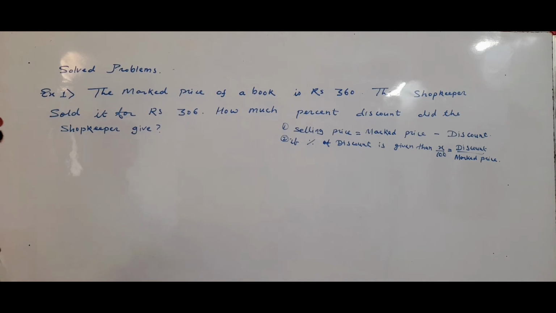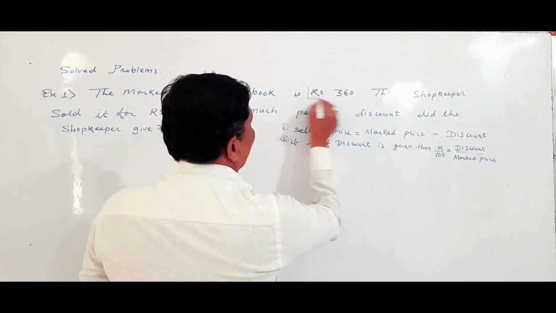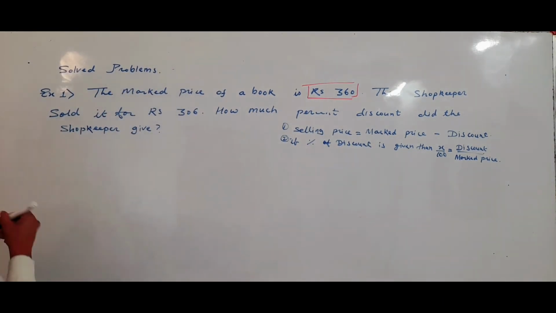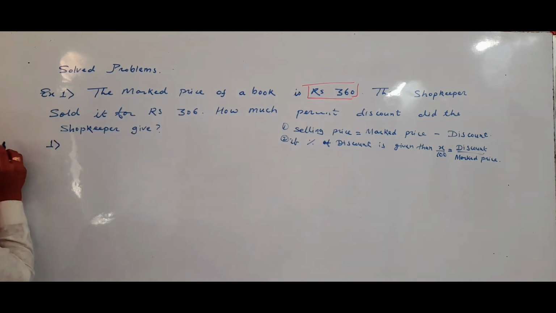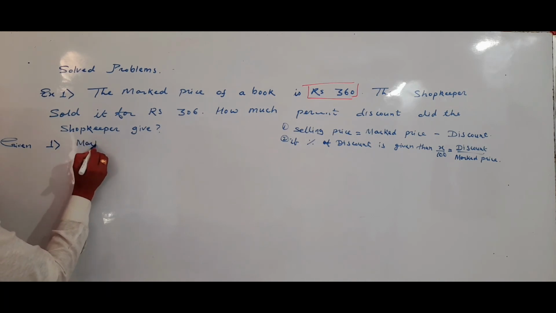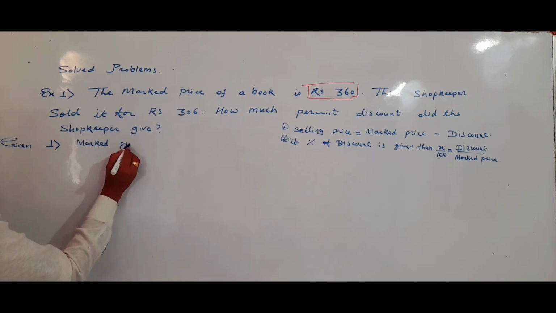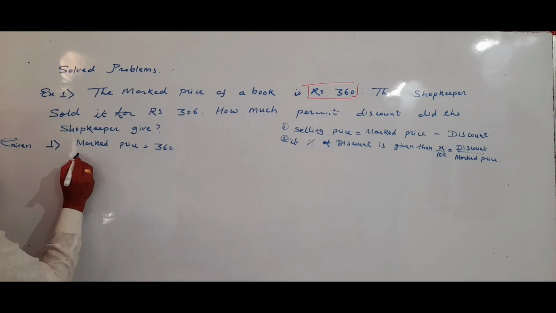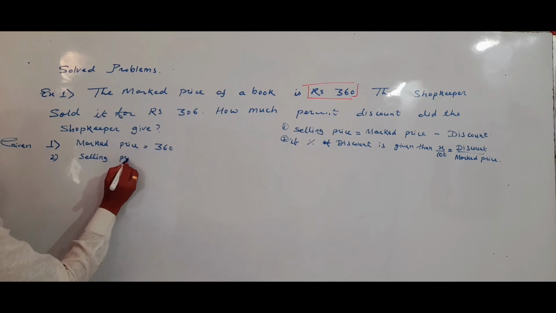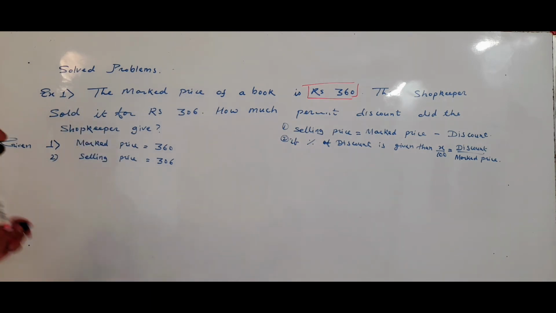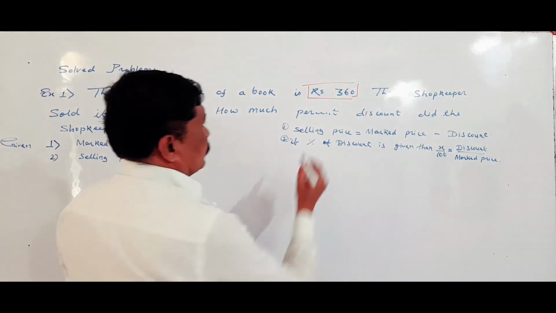The mark price of a book is rupees 360. First information: given, mark price is equal to 360. Second information, selling price is equal to 306.